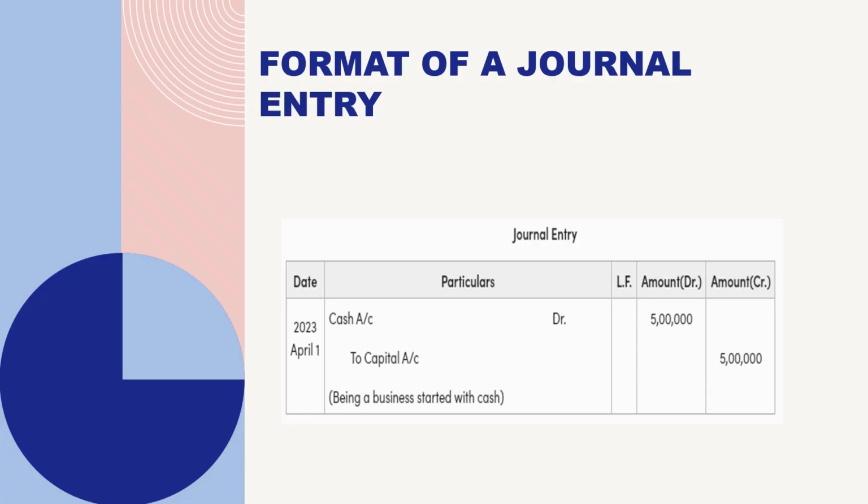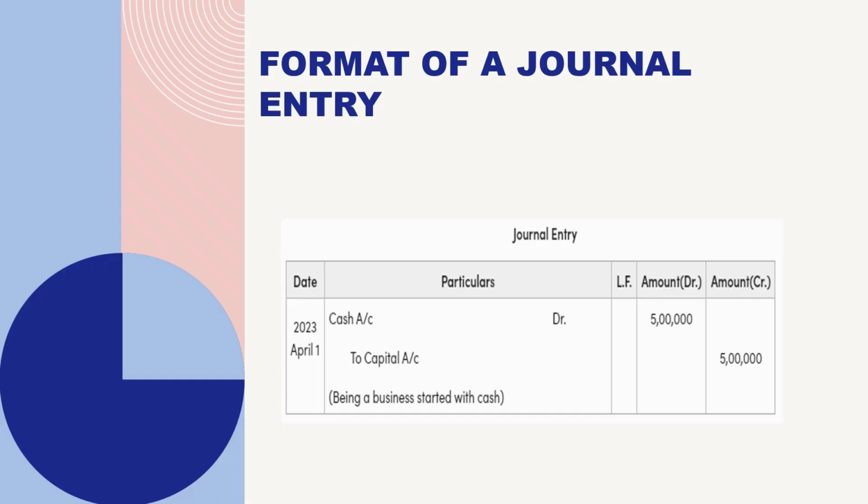All the particulars about which the transaction is are written in the particulars. Whatever is going to be debited and whatever is going to be credited will also be written here with the date. That is why it is called chronological order. As the transactions come, we write them in the same manner.